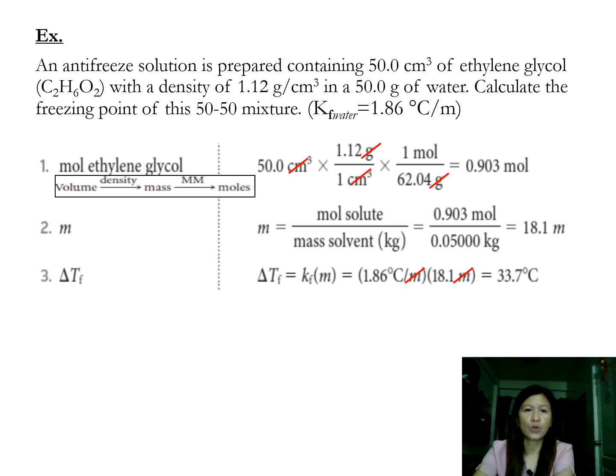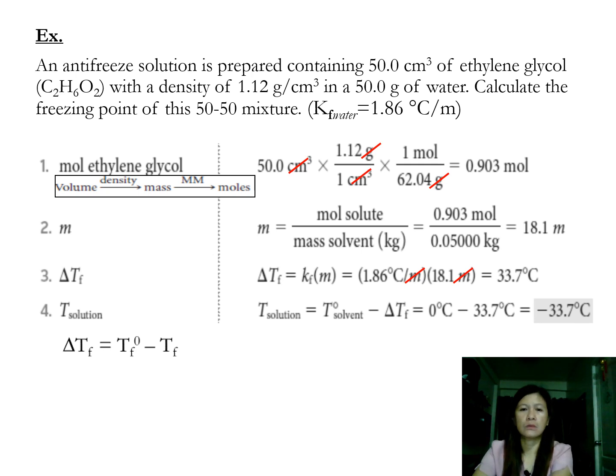Step 3 is to compute now for the freezing point depression. The freezing point depression is determined by the formula freezing point depression constant times molality. The given K sub F for pure water is 1.86. We substitute that here in the equation.